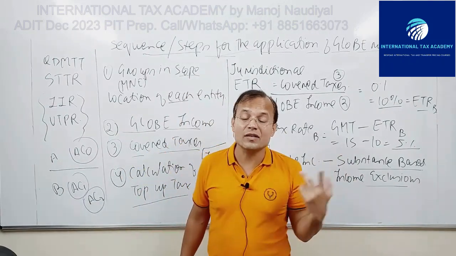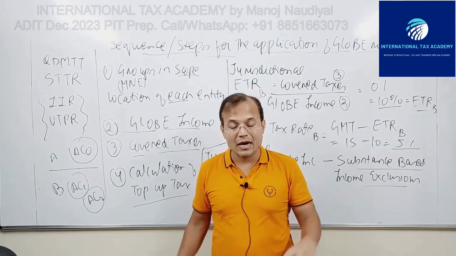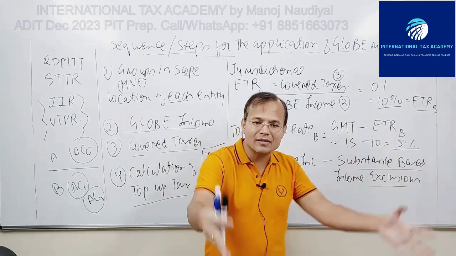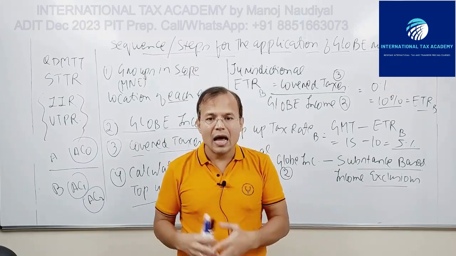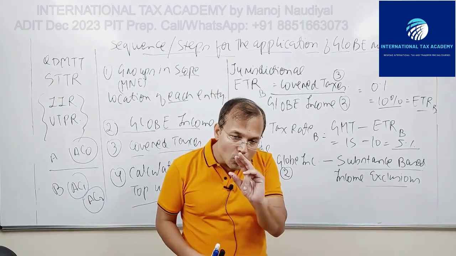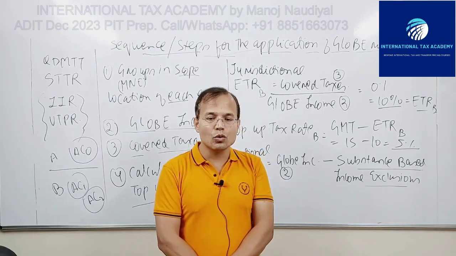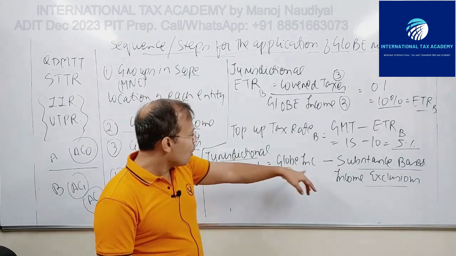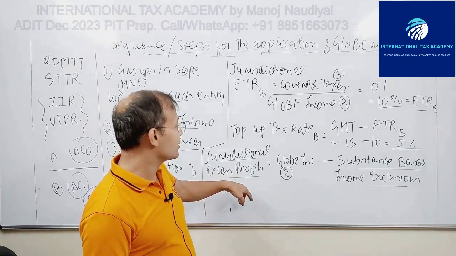Base erosion and profit shifting is when you don't have anything. Letterbox companies, shell companies and everything flies off. So when you have tangible assets, buildings, machines, and people, due credit is being given for these two. So GLoBE income minus substance based income exclusion is known as jurisdictional excess profit.